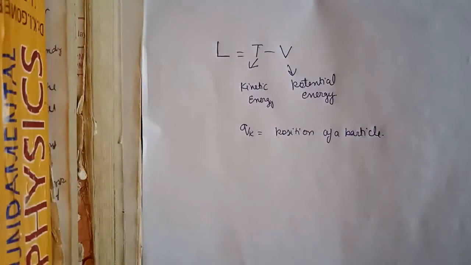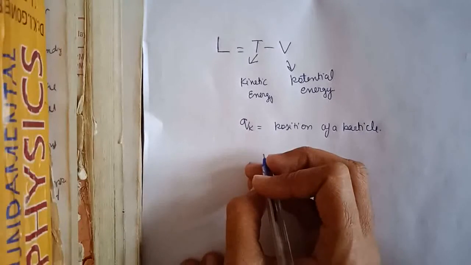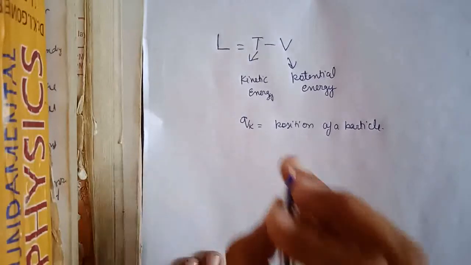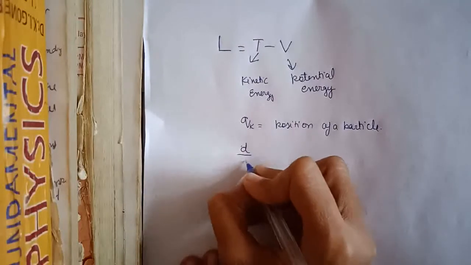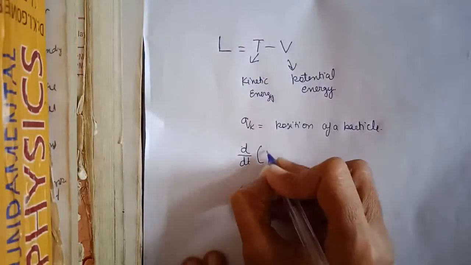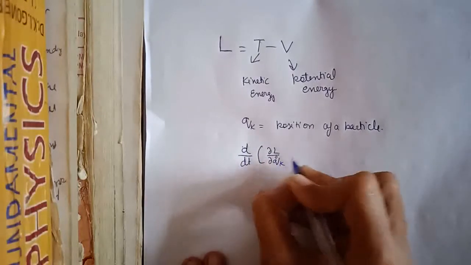Now if we want to write the motion of a particle in Newton's law, then we can also write it in the form of Lagrangian, and that is given by the Lagrange equation: d by dt of del L by del qk dot.